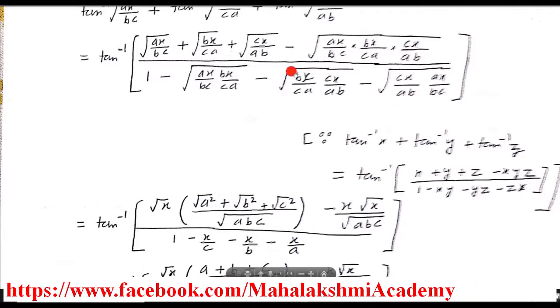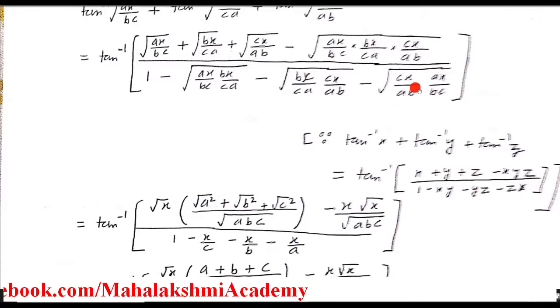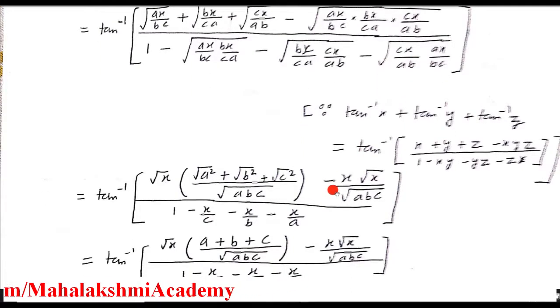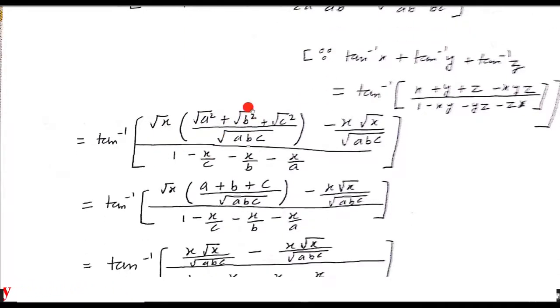In the same way here also we will get only x upon b, and here also we will get x upon a. Now here you can see this root and square will cancel each other, so we got here a. In the same way we got here b, and here also we got c.